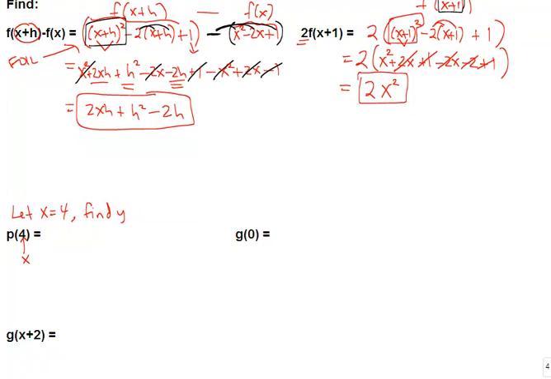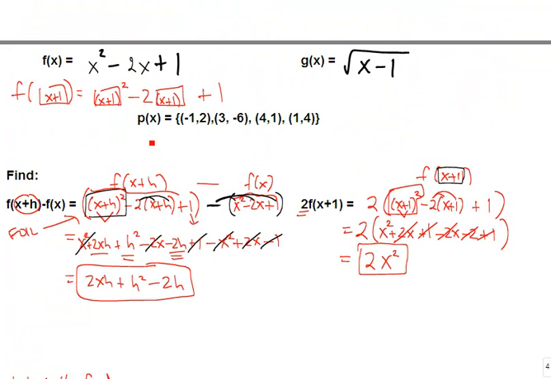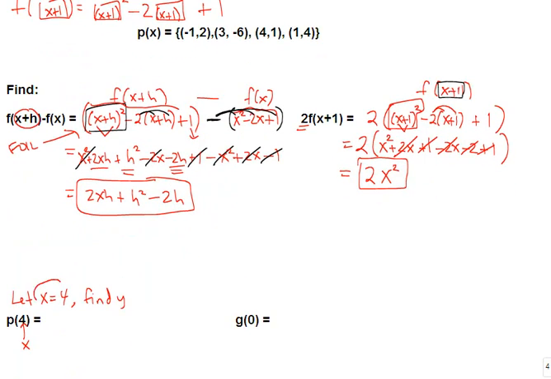So let's go up to our function p. P did not have a formula. P was just listed as a bunch of ordered pairs. So out of these ordered pairs, remember we want x to be 4. So which of these ordered pairs has an x value that's 4? This one right here, 4, 1. So the x is 4. What we want for p of 4 is the y.